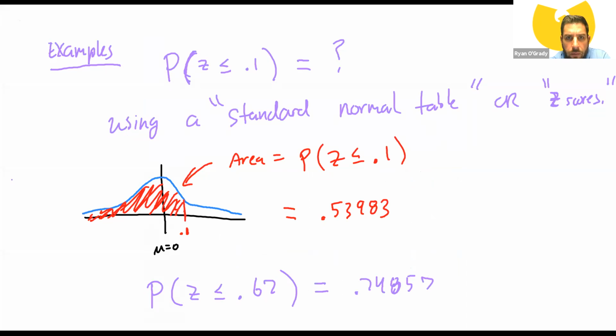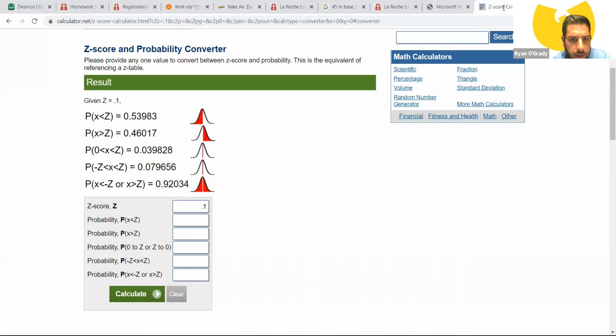And just for completeness, if I go back to the internet and plug that into this calculator, instead of 0.1, I did 0.67, and I hit enter, notice it gives me the same answer. Does anybody have a question or a comment about this?